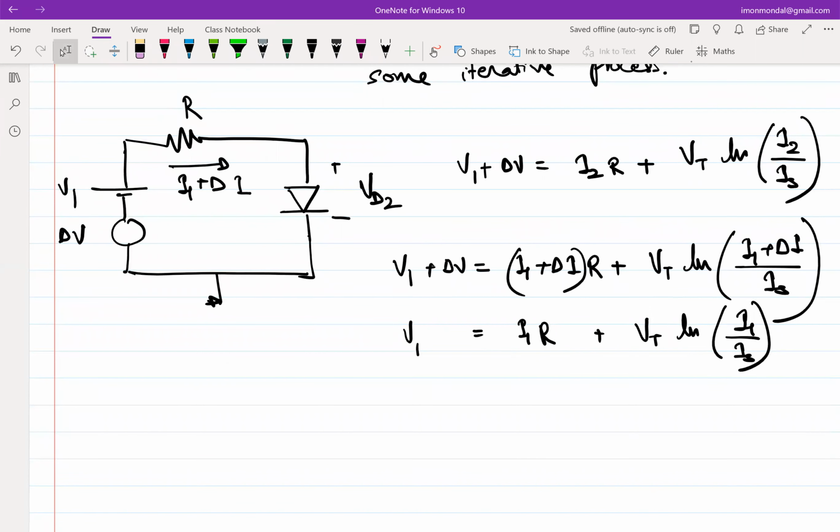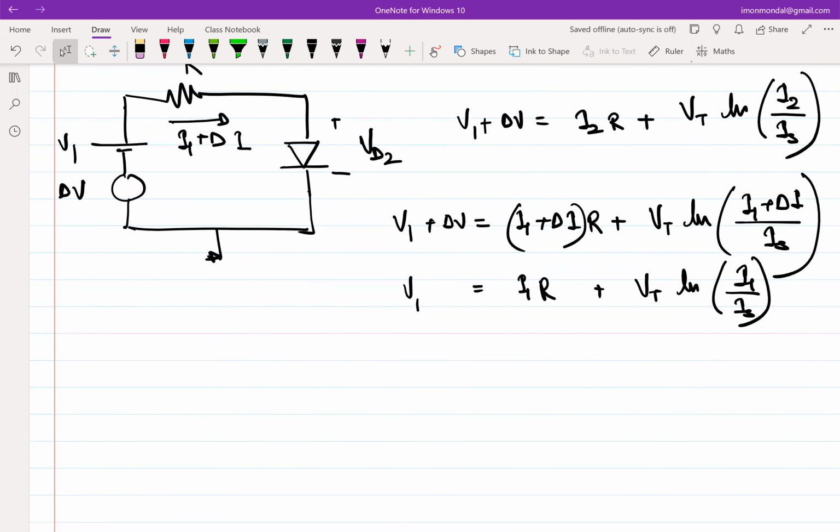Now if I am interested in finding delta V, what should I do? Directly remove the V1 source? No, let's say I want to do it mathematically. I have two equations and I want to find delta V. I can simply subtract the bottom equation from the top equation, right?